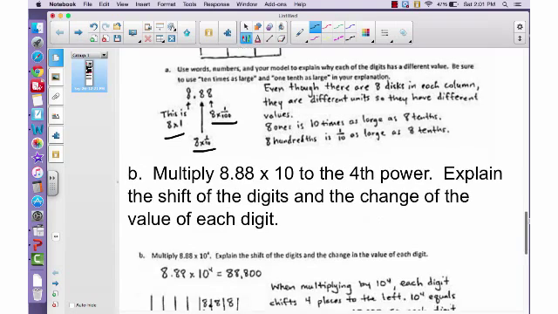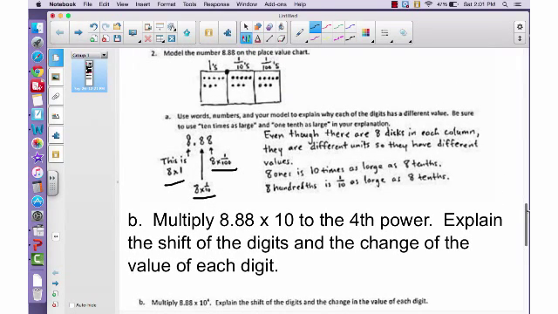Moving on to letter B, they asked us to do a multiplication problem. It was 8 and 88 hundredths times 10 to the 4th power. So that looks like 8.88 times 10 to the 4th power.